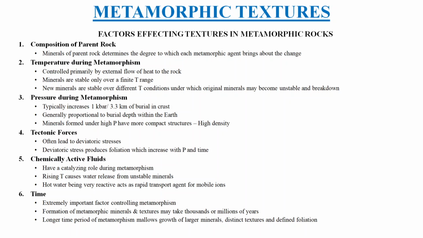Then again, obviously the other agent, that is pressure. So, the pressure during metamorphism typically increases 1 kilobar per 3.3 kilometers of burial in the crust. There are exceptions to this as well, but generally speaking, this is the standard. It is generally proportional to the burial depth within the earth, like we discussed about burial metamorphism as well. And minerals formed under high pressure have a more compact structure and high density as well.